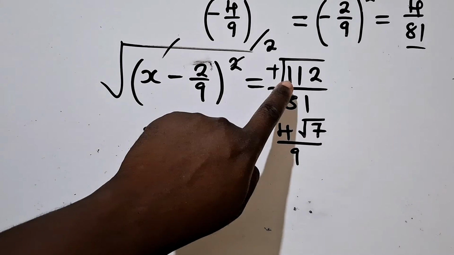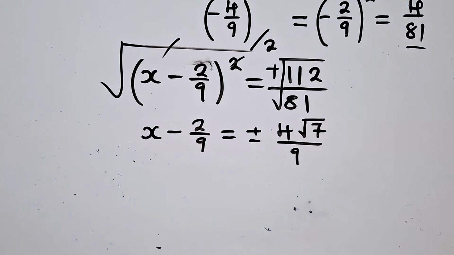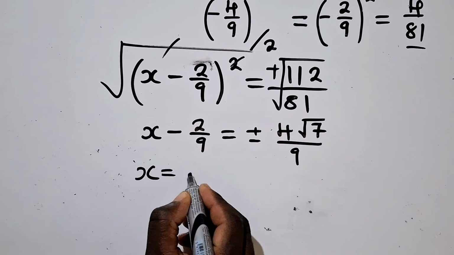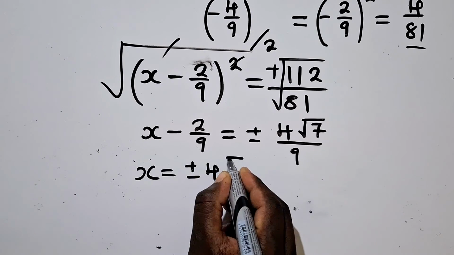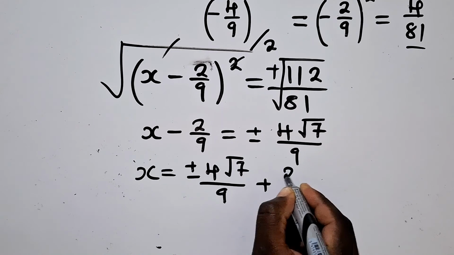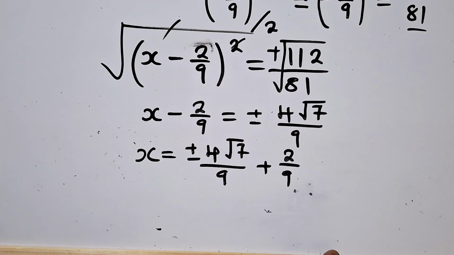When you find the square root of 112, we are getting this. Square root of 81 is 9. Okay. So from this stage, we can say x is equal to positive or negative 4 square root 7 over 9 plus 2 over 9. This will give us two solutions.